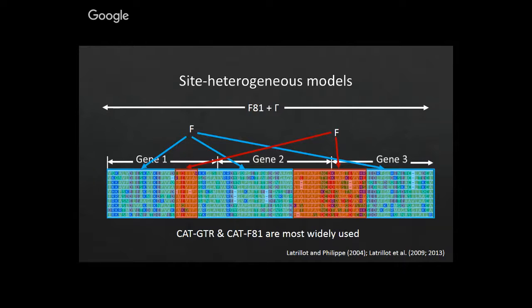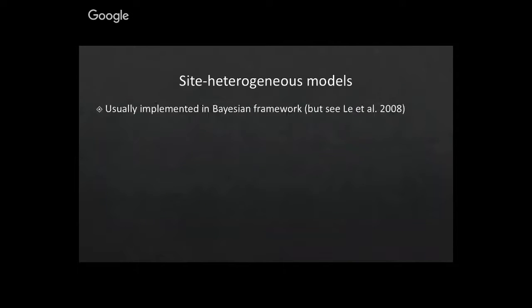Probably one of the reasons site heterogeneous models are widely used is that they are relatively computationally tractable, although even computationally tractable for a site heterogeneous model can spiral out of control in terms of computational requirements. A lot of what I'm going to be talking about today is mostly in regards to these CAT models, but some of the things I talk about are widely applicable to site heterogeneous models as a whole.